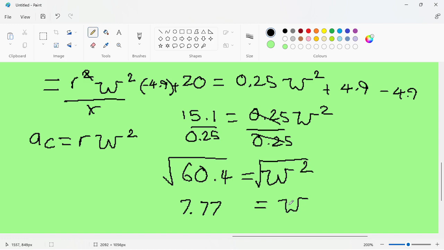Now, what is the unit for omega? The common unit for omega is radians per second, radians being a unit for the measure of an angle.